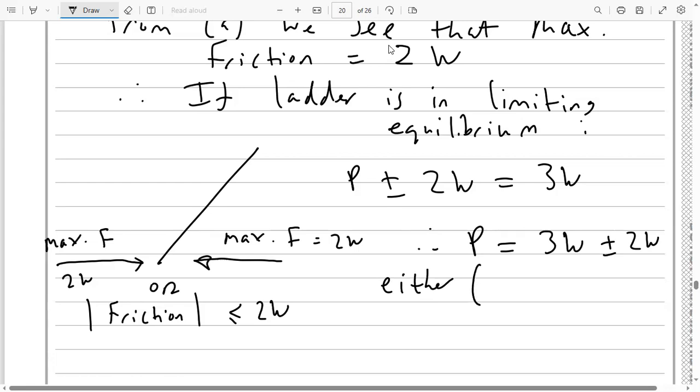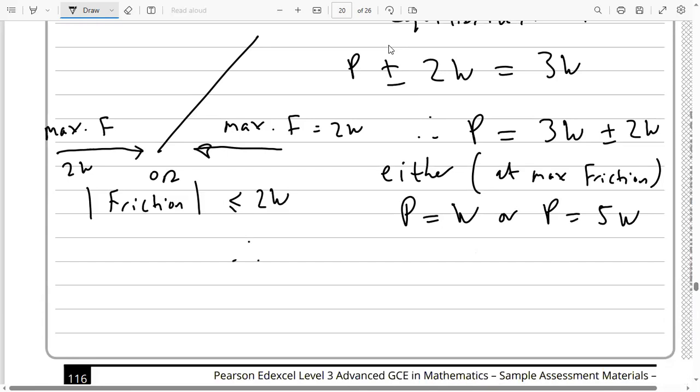So either at max friction, P is equal to 3W take away 2W, which is W, or P is 3W plus 2W, 5W. So that means P must be trapped between those two values. So this force P is between W and 5W.